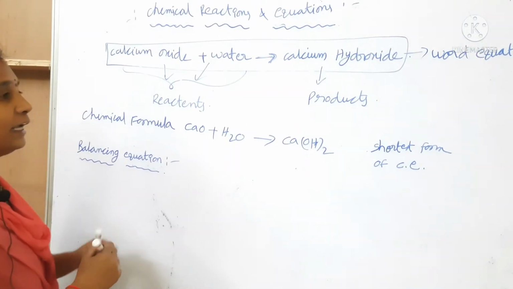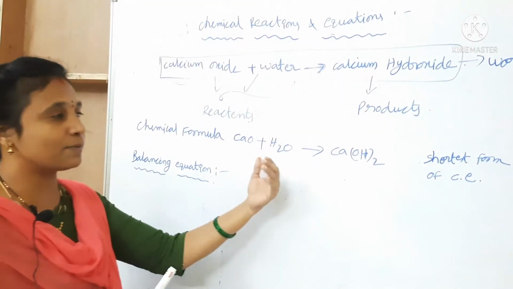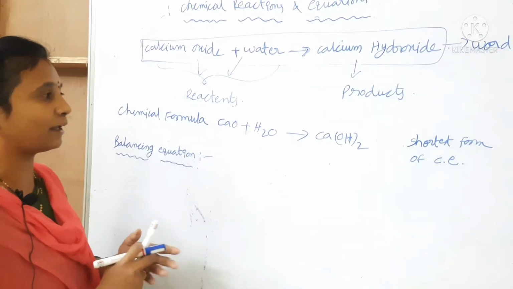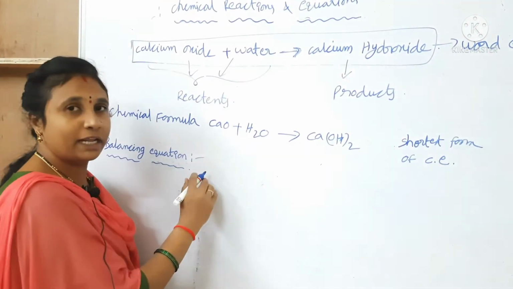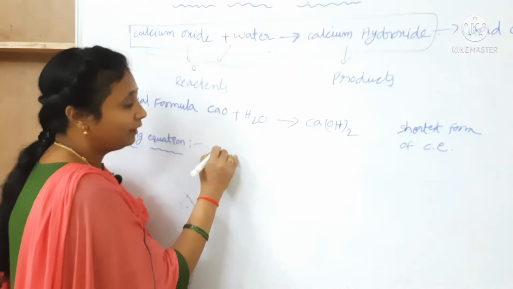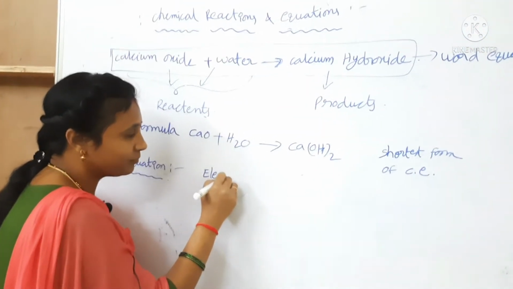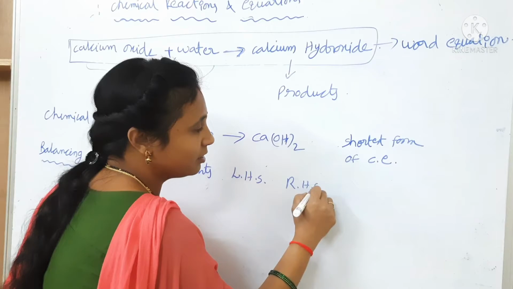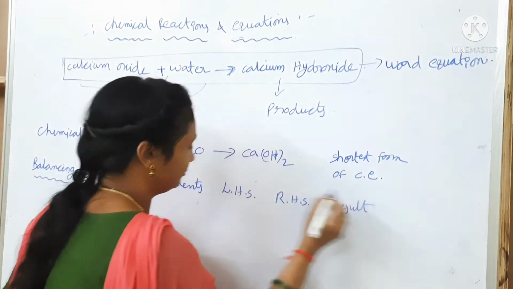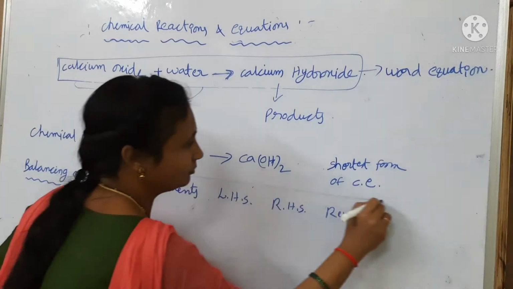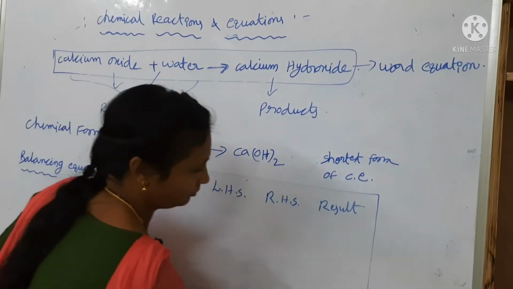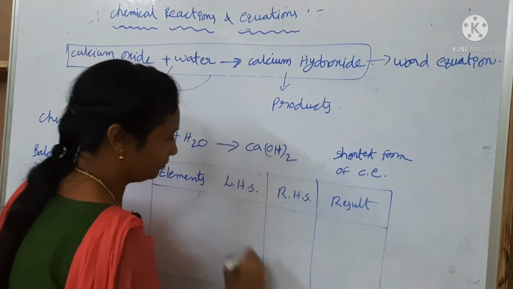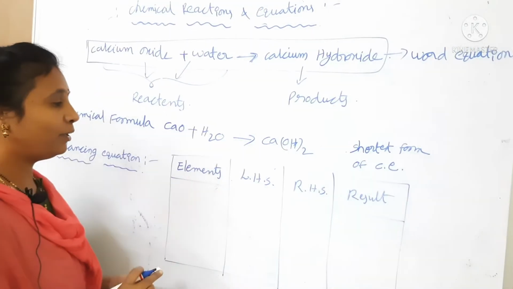Okay. Next, how to balance this equation? Is this equation balanced or not? First of all, you have to check. For understanding this concept, you have to take a table.